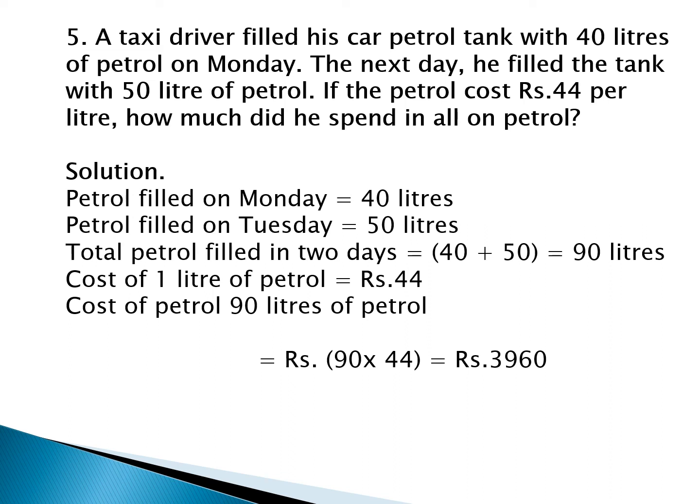It means the taxi driver gets his tank filled by 40 liters of petrol on Monday, and on Tuesday he filled the tank with 50 liters of the petrol. The price of petrol is rupees 44 per liter. Now you have to find out the total money he has to pay on both the days. Okay, the total cost of the petrol he has to pay.